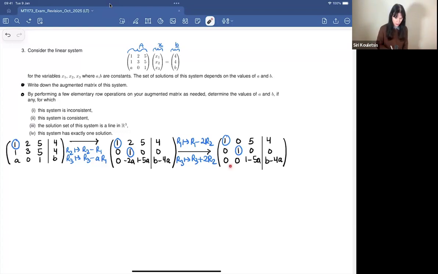So what would this third row look like then? And we talked about a condition for consistency in the previous question.